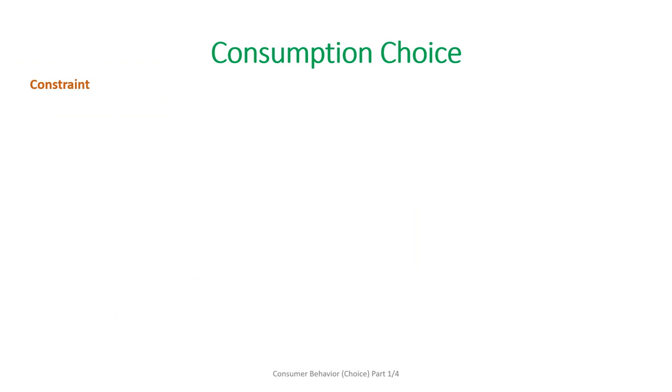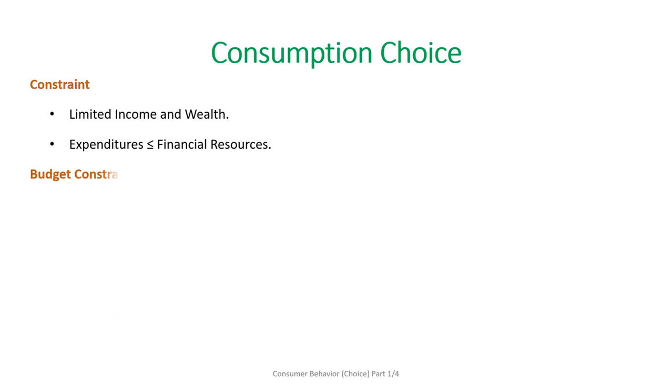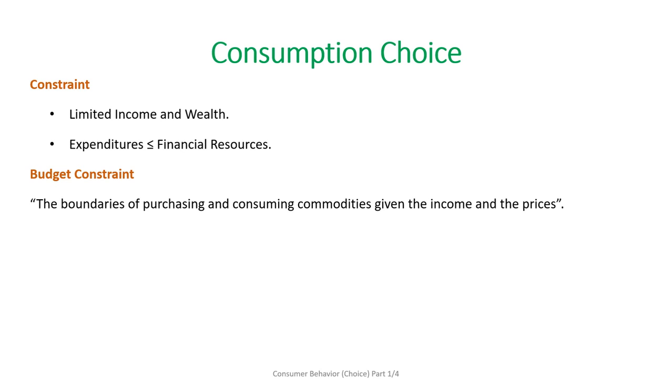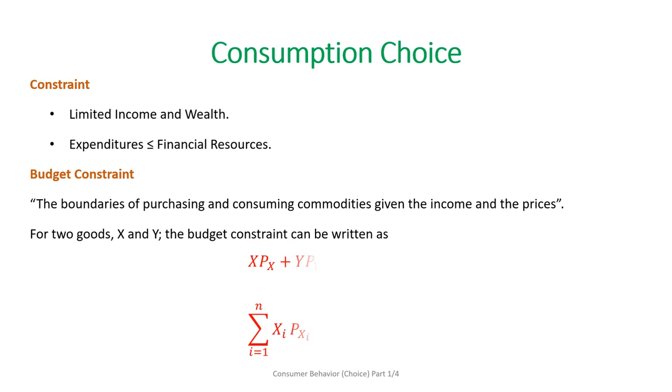In choosing what to consume and what not to consume, households face a constraint. This is because no household has unlimited income or wealth.